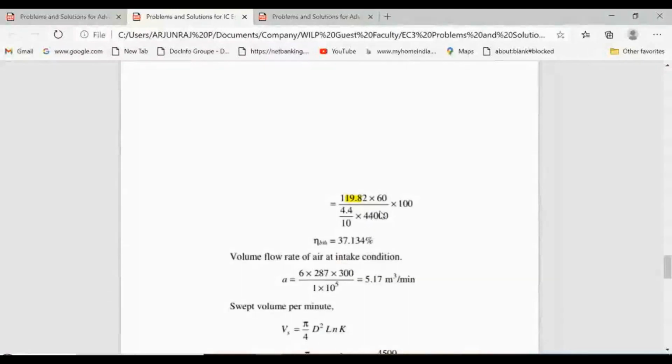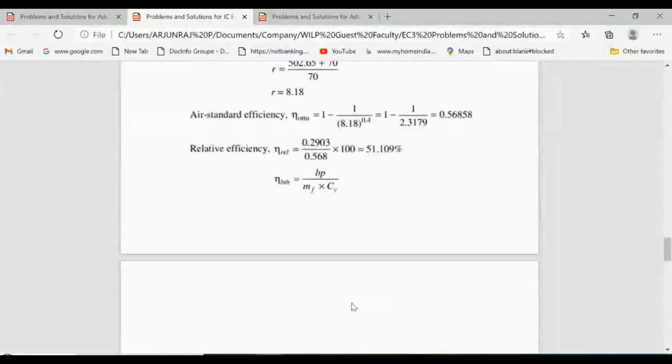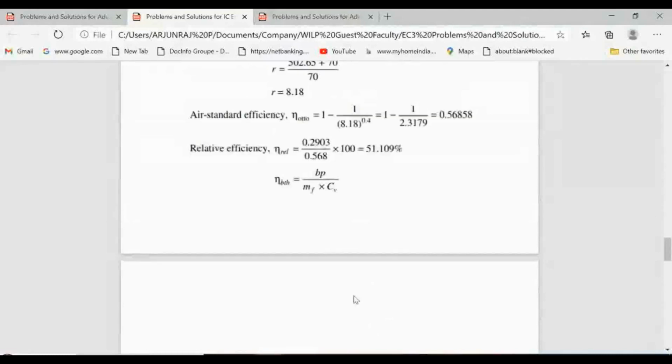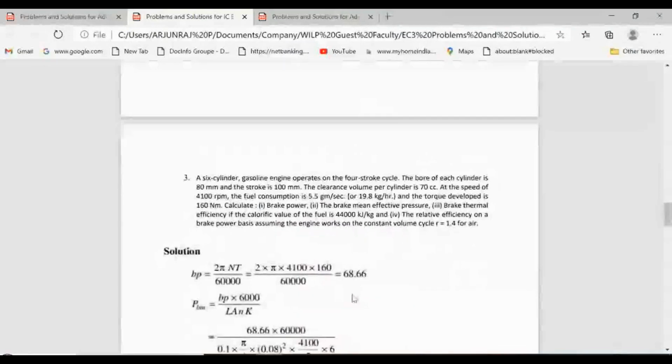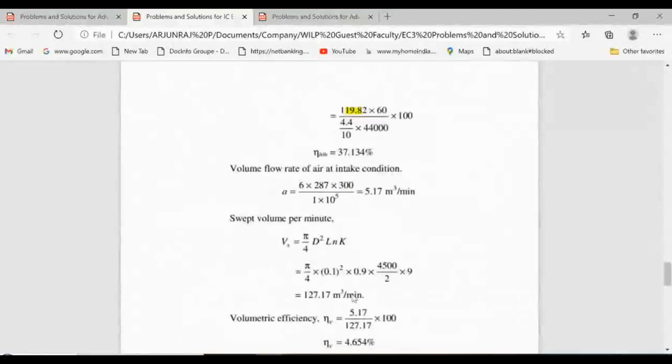So here you need to see the brake power, which is nothing but 118.82 into 60, divided by the mass flow rate of fuel. What is the mass flow rate of fuel? It is 4.4 divided by 10 into 44,000. So how does this 4.4 come?